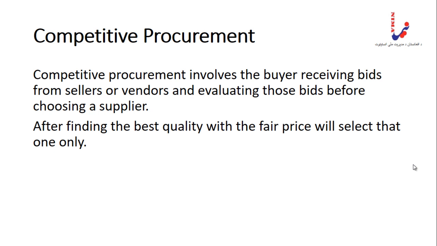So the competitive method is one in which the buyer receives bids from sellers or vendors and evaluates these bids before choosing a supplier, selecting the one with the best quality and a fair price.